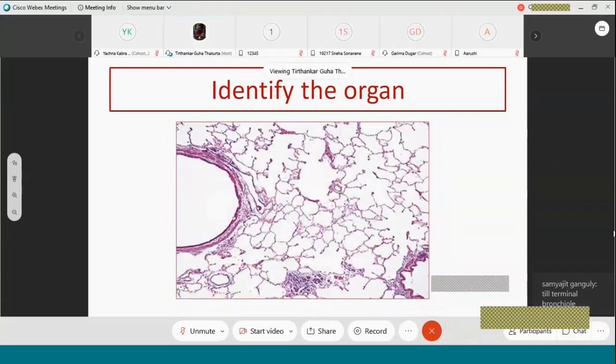Identify this organ. Wonderful. This is the lung.